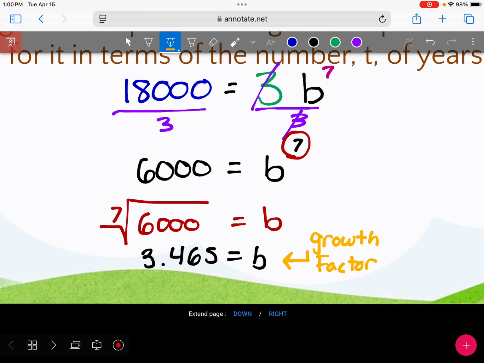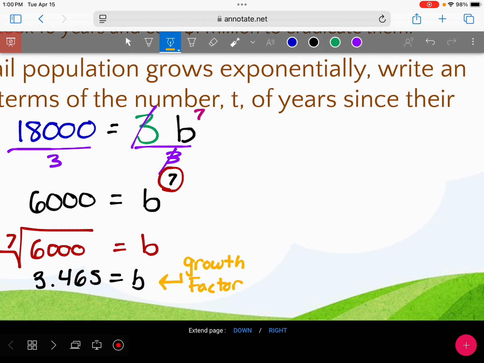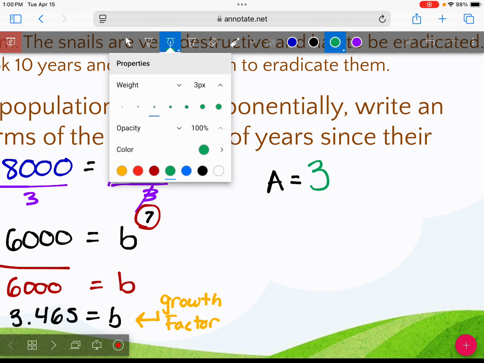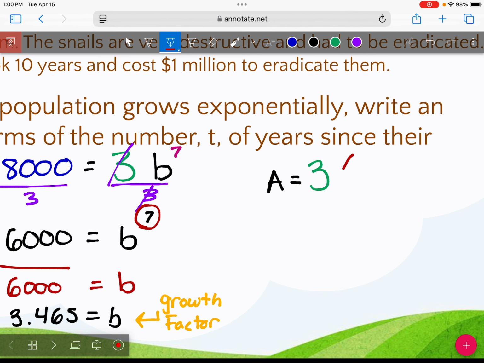So our kind of generic equation for how this would happen and how many snails there's going to be for some number of years t, we would have some amount of snails as our starting amount. We still start with 3. But now we know what it's growing by. It's growing by that 3.465 to the t.